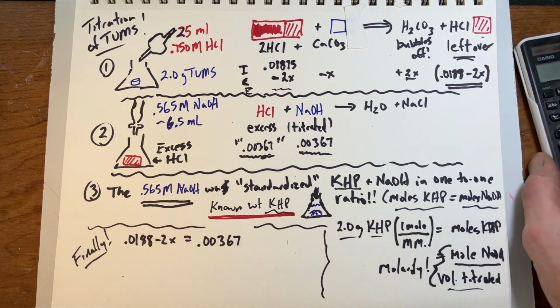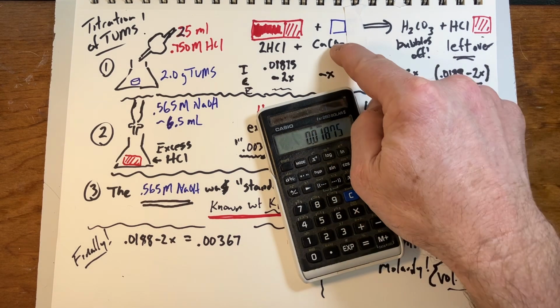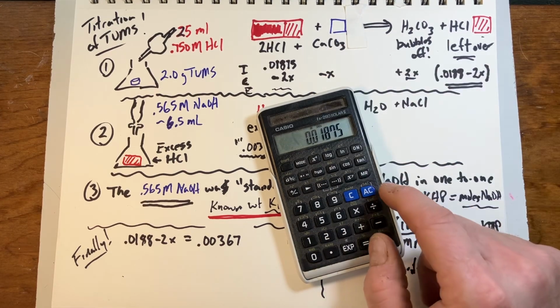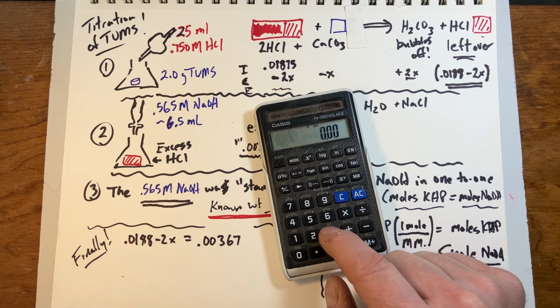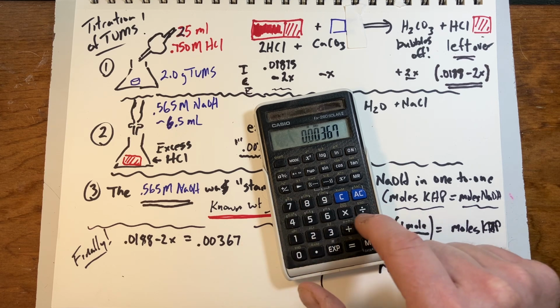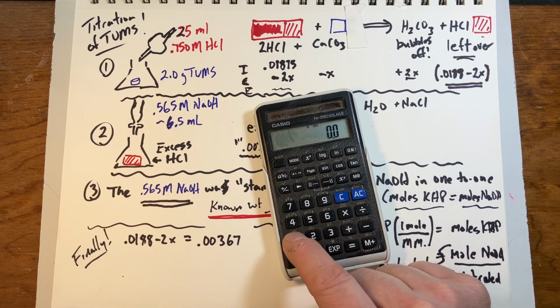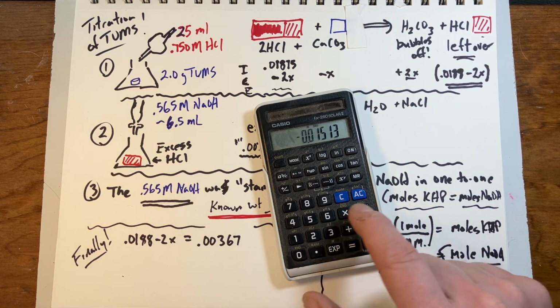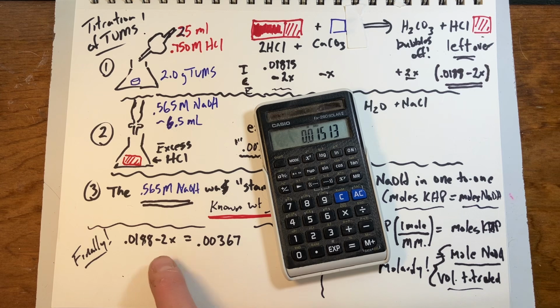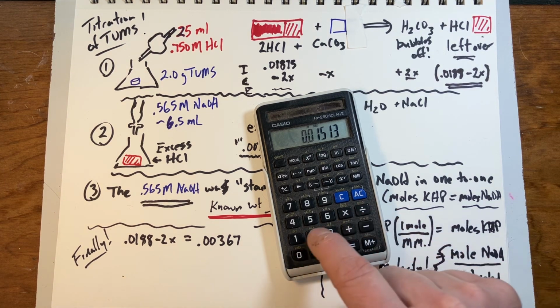Let's solve for X, because if I find X, I know the mole amount of calcium carbonate. To do that, I'm going to take 0.00367 and subtract 0.0188 to isolate the X on one side. I'm going to switch the signs, make everything positive, and divide by 2.